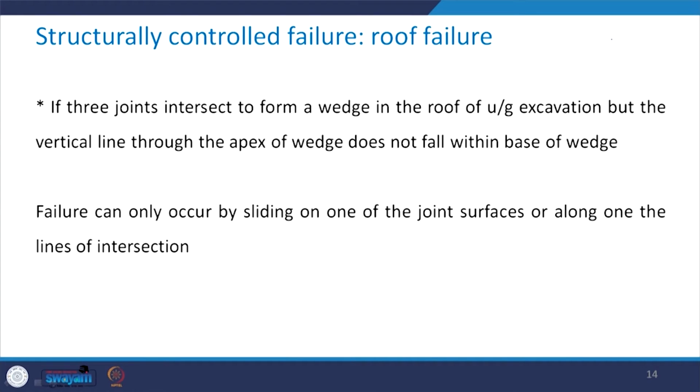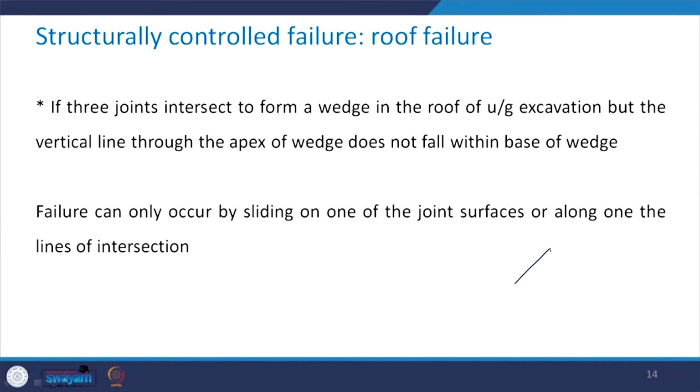See, in the earlier case, in that situation the vertical line through the apex of the wedge was falling within the base of the wedge, and then we said that the wedge which is being formed in the roof will fall in the cavity or the underground excavation.